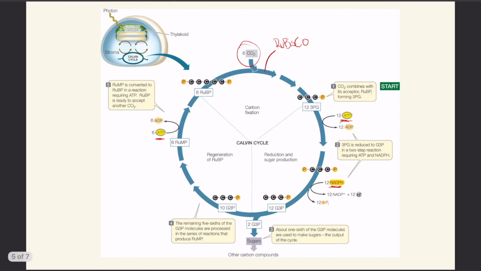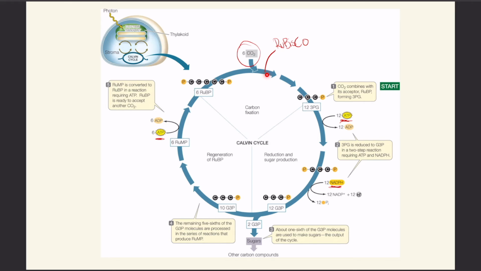Next we have the Calvin cycle. And this actually takes place in the stroma. So first you'll see you have RuBP. And RuBP is a 5-carbon molecule. And this is where the carbon dioxide comes into the equation. That comes in.